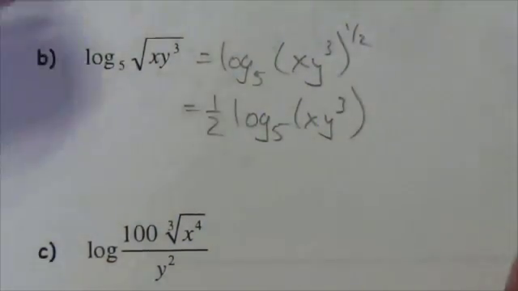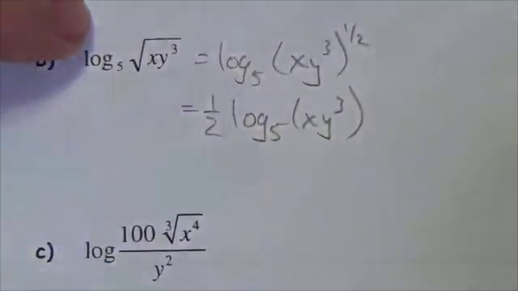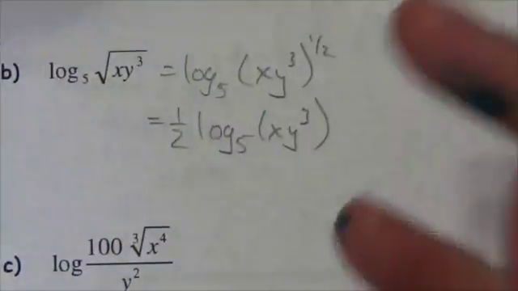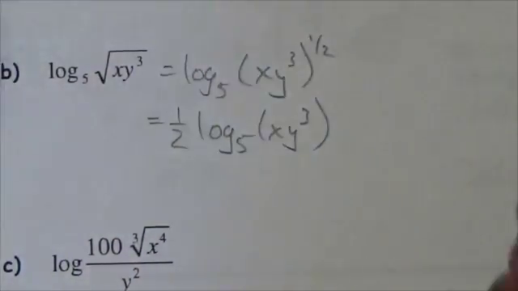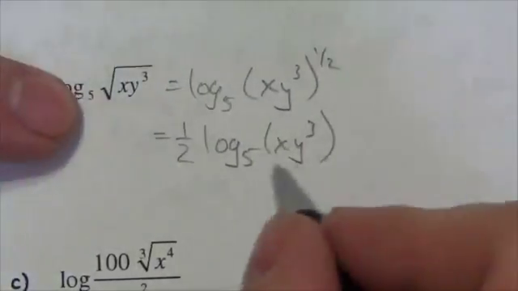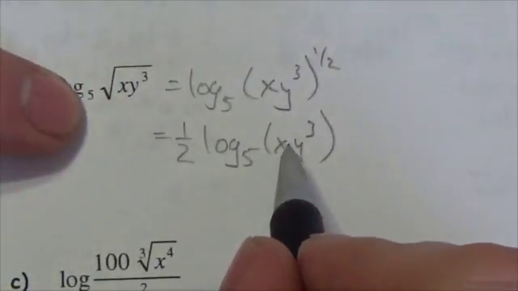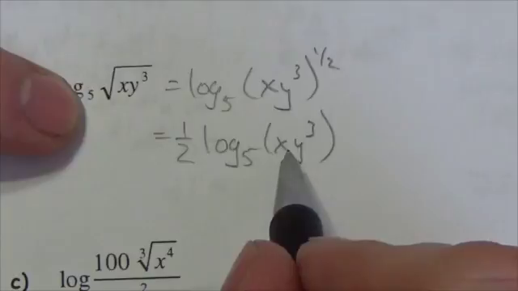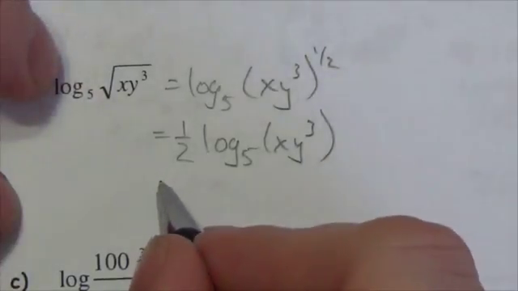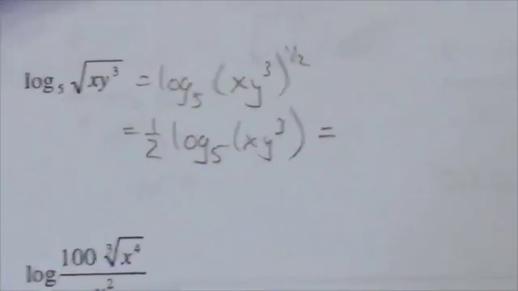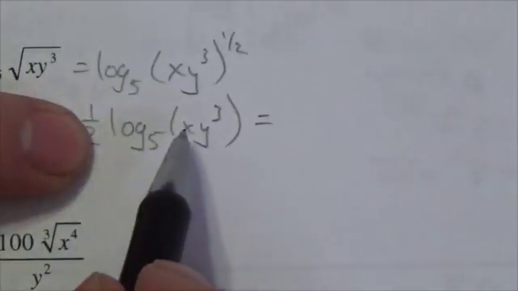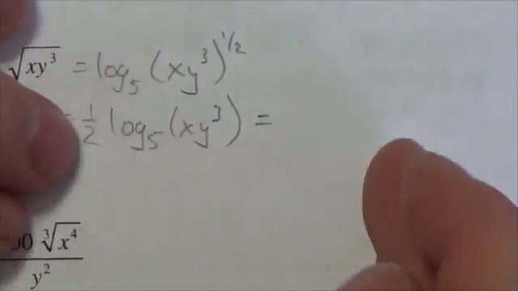I got to deal with that overwhelming factor there first, because it covers everything. Now I've got multiplication between these two, and I can convert that into addition. That's true that the log base 5 of x times y cubed does split into addition.